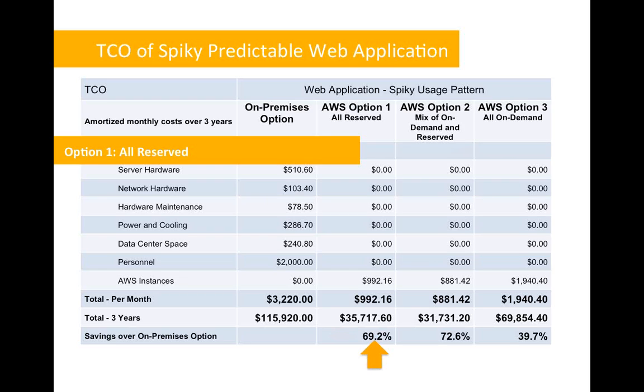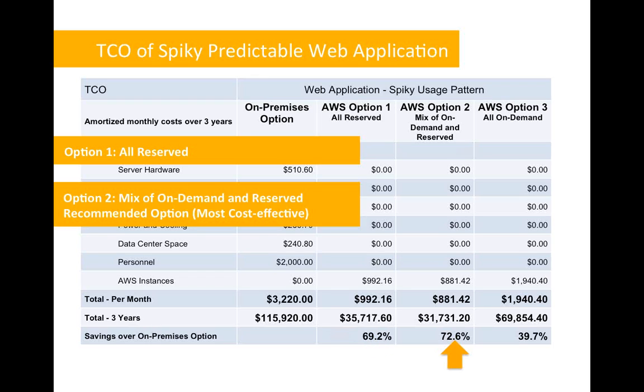But in this case, you can see that if you go all reserved, you still get a significant saving, but it's not as good as option 2. So in this case, option 2 is the recommended option because you get a higher saving, 72.6% in this case. Why is that? It's because you did the analysis and you set reserved instances only for the 4 instances to carry the base load, and then you used on-demand instances to do all the peak workload when you need it.